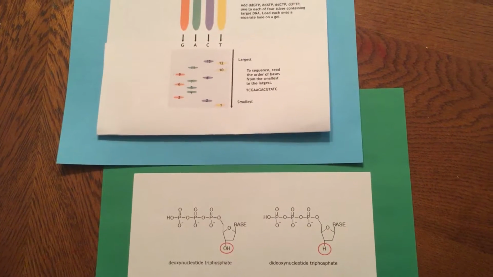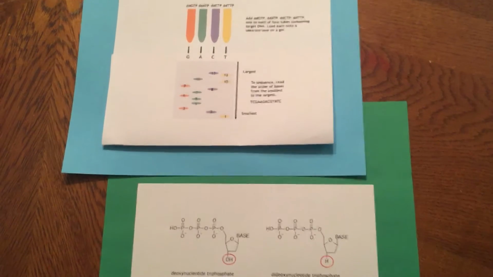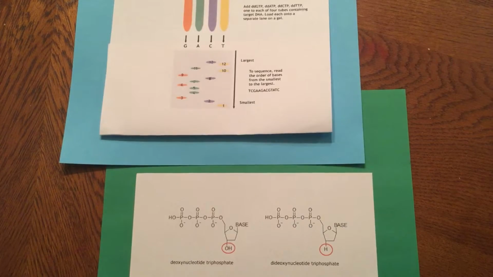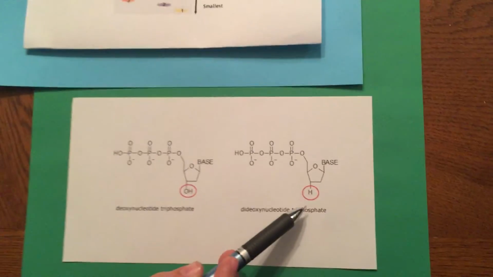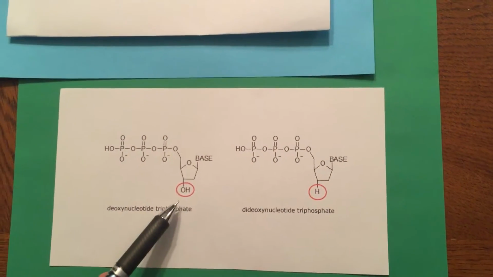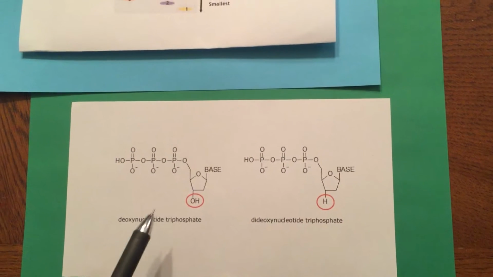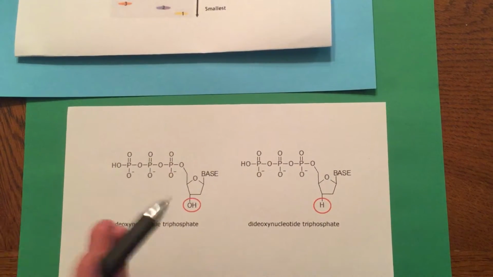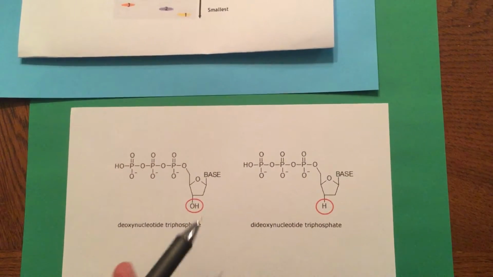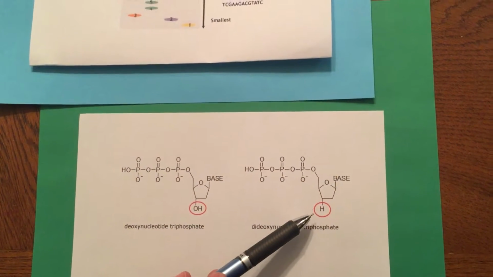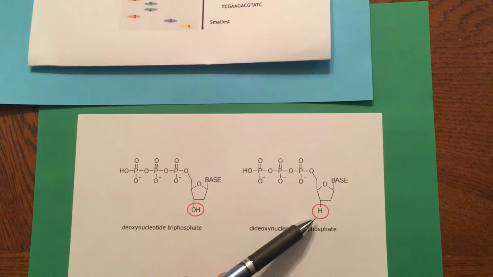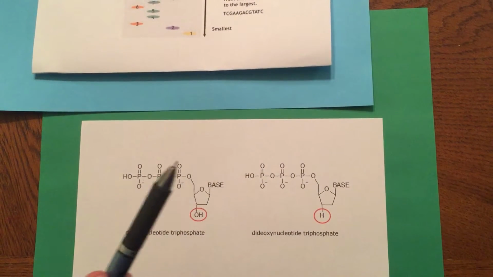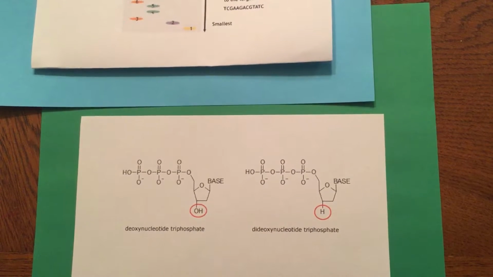These are changed nucleotides, also called terminating bases, because they have a hydrogen group at the end instead of a hydroxide group. So whenever the DNA strand is elongating, it can't bond beyond this, because it needs to bond to hydroxide and it can't, because there's only hydrogen. So it stops the replication.